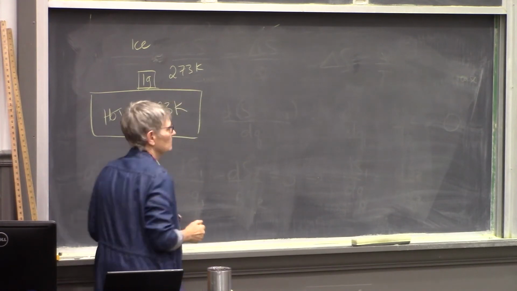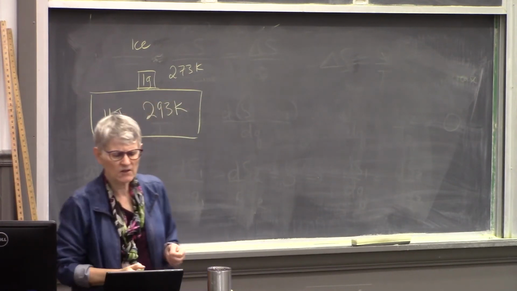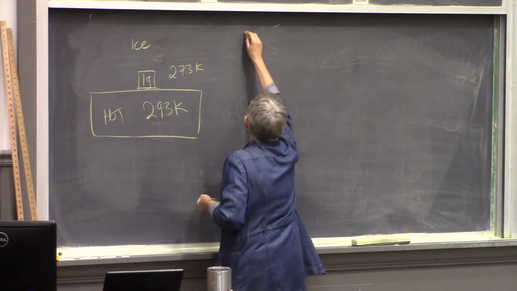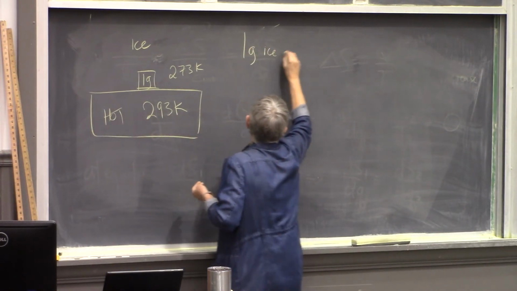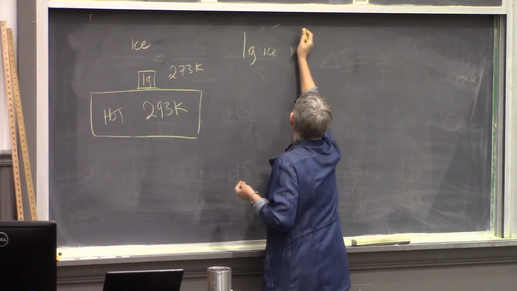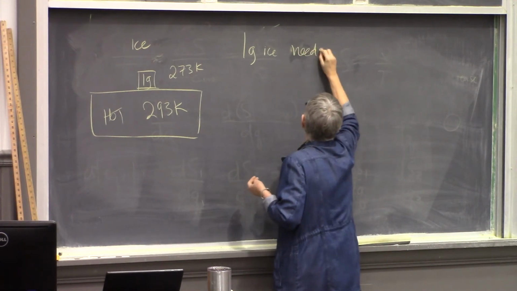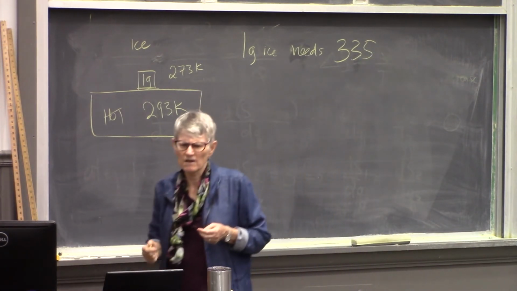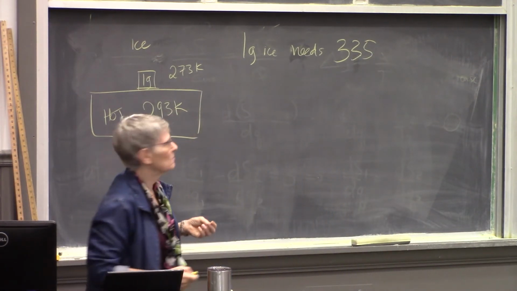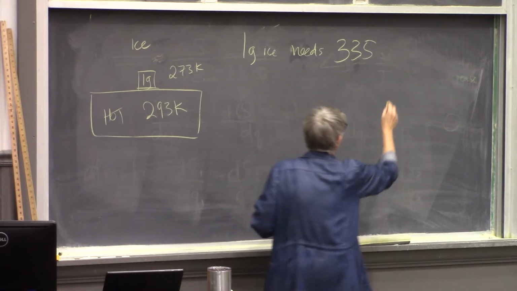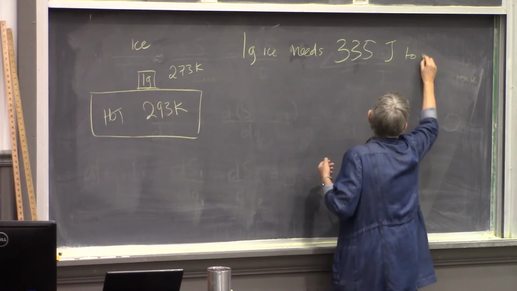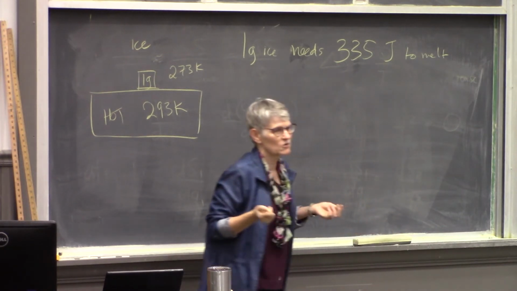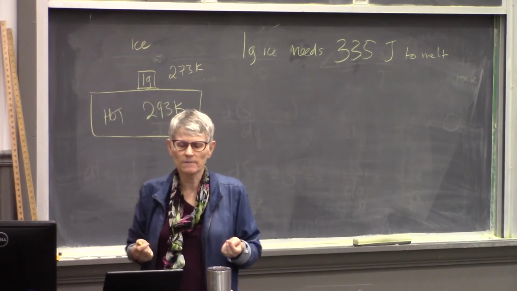And it turns out that 1 gram of ice needs 335, I think, joules to melt. And the temperature is constant at 273 Kelvin while it's doing this.